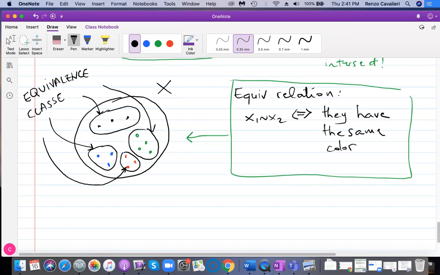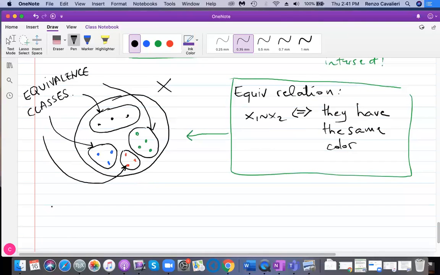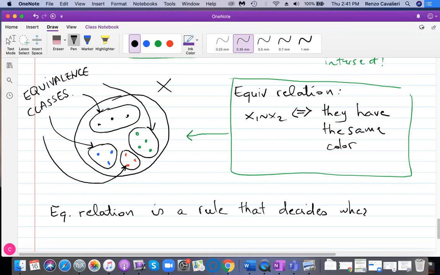Okay, so now I can answer Berkeley's question from the beginning of the hour. An equivalence relation is a rule that decides when elements of a subset of X are equivalent.